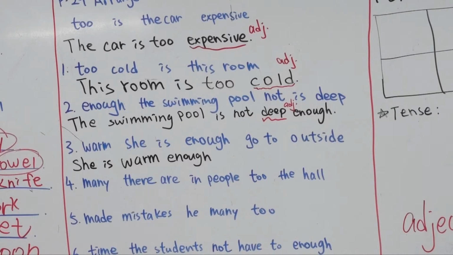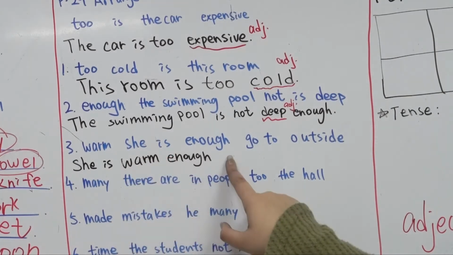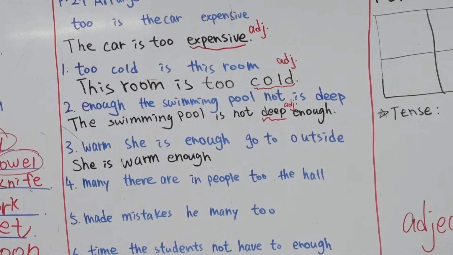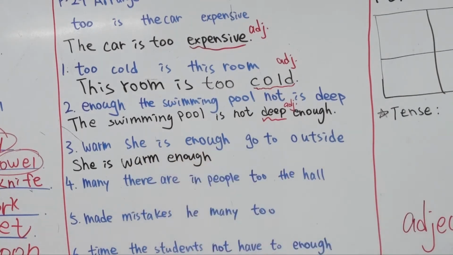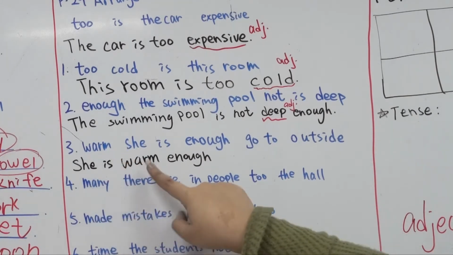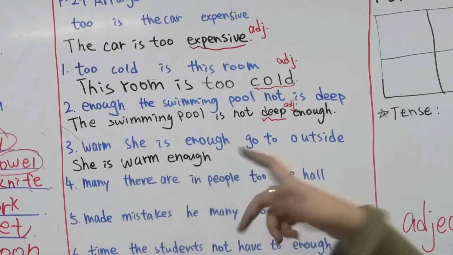I told you if you want to put enough before, this must be a noun. A noun means animal, people, place, or thing. There are enough people. There are enough places to go. If you put enough here, that must be a noun. But if you see an adjective or adverb, you must put the adverb or adjective first, and then you put enough. She is warm enough.